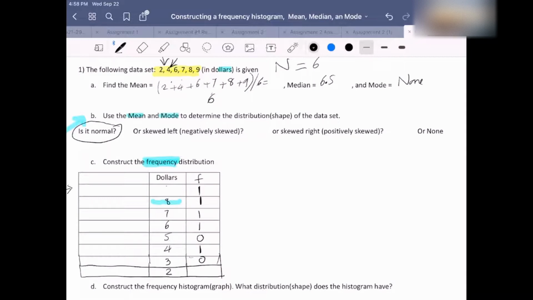How about Luis? Can you tell me number 2? 1. You say it's 1. The frequency of number 2 is 1. Yes, it appears only once in the list, so the frequency is 1. Good.